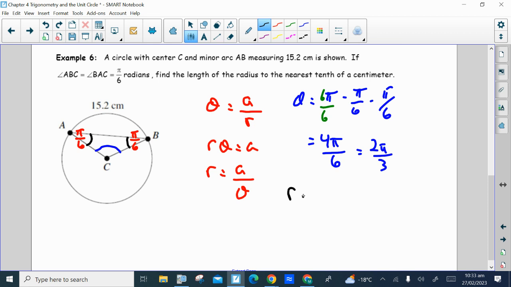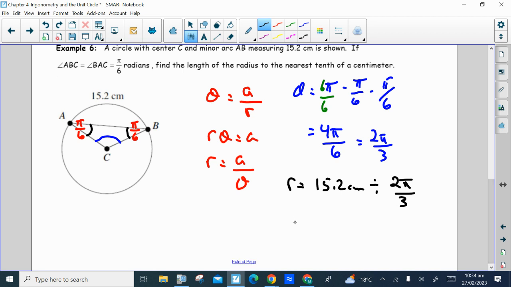So now r the radius can be found by taking a the arc length, which is 15.2 centimeters, and that is divided by 2 pi over 3 radians. You're dividing by a fraction. That's the same as multiplying by the reciprocal. So you're going to multiply by 3 over 2 pi.